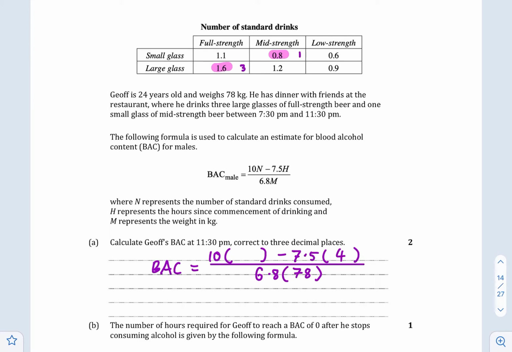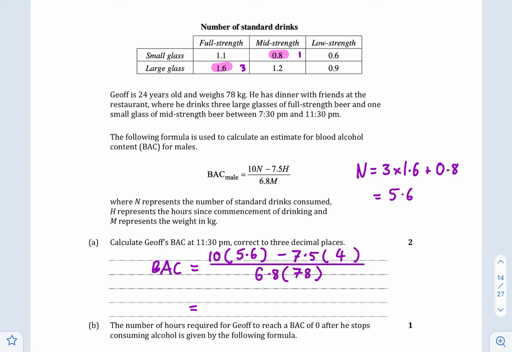So if we take that, and we have to do a little bit of working out there. So the number of drinks he had was 3 lots of 1.6 plus 0.8. And I'm just going to use the calculator for that one. We get 5.6 standard drinks, so that goes straight into the formula.